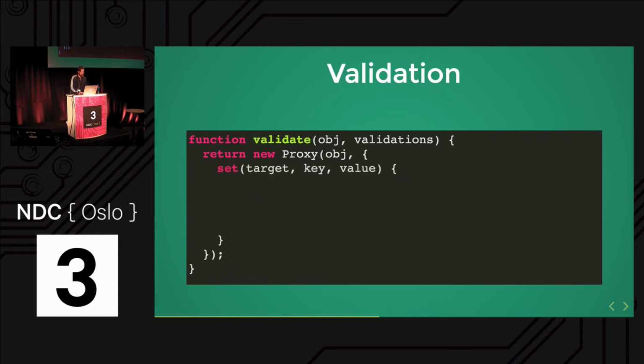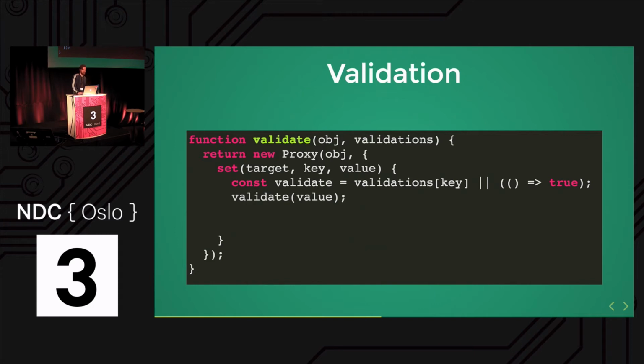We can say that we want to add a set trap, so whenever you try to set something on this object, it's going to be trapped by this proxy trap. And we'll assume that this validations object here is just an object that contains a function for validating whatever key it belongs to. And it'll either throw an error or just return true if nothing is wrong.